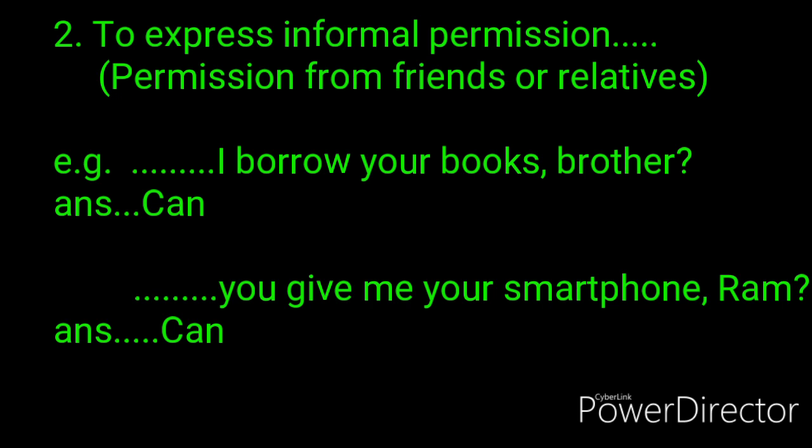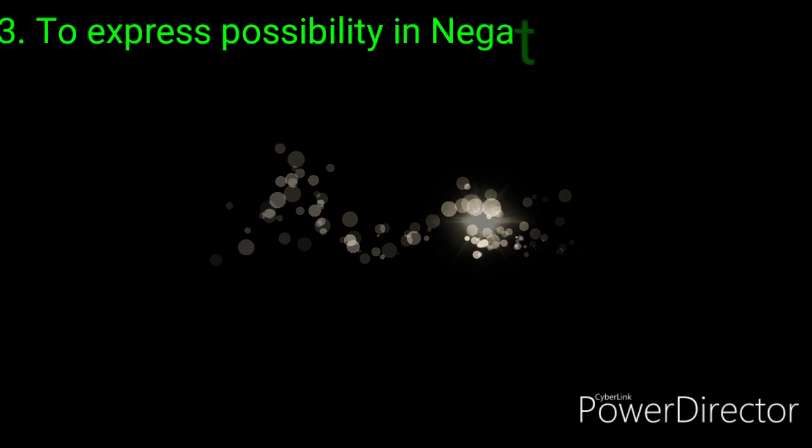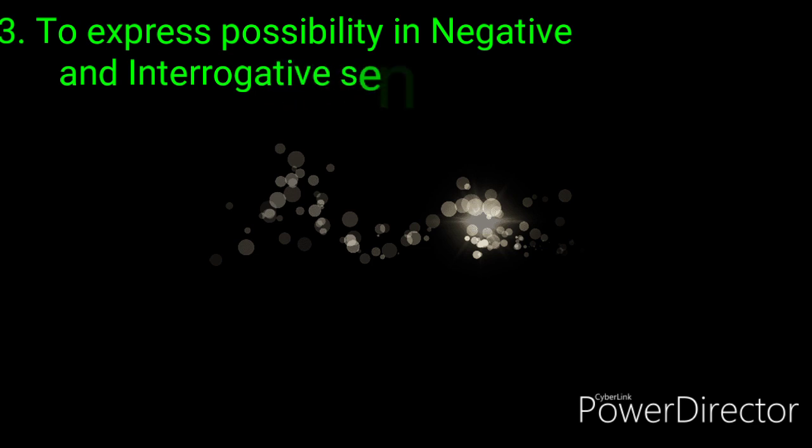That's why we have to use can modal here, because can modal is used to take permission from friends or relatives. Next is to express possibility in negative and in interrogative sentences. This is a very important aspect for us.